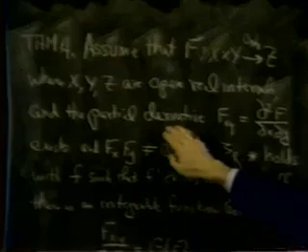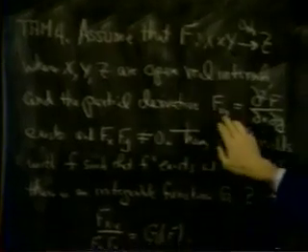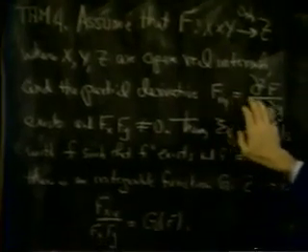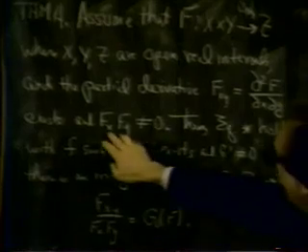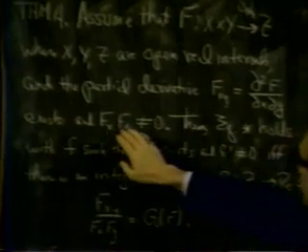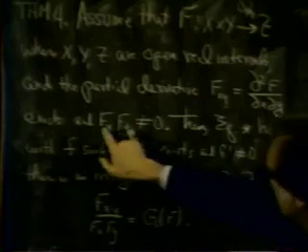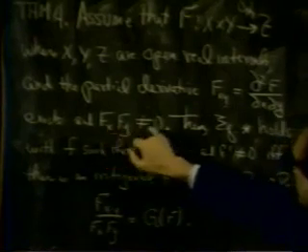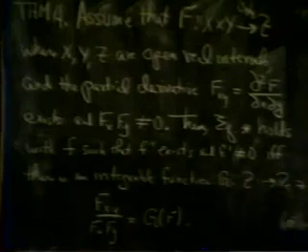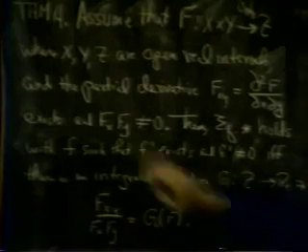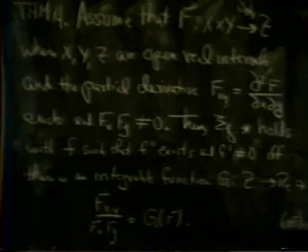Moreover, we'll assume that the second partial derivative of F exists, and that the product of the two first partial derivatives is not equal to 0. Or put another way, neither first partial derivative has a 0 anywhere.